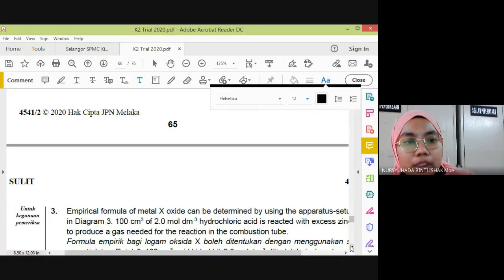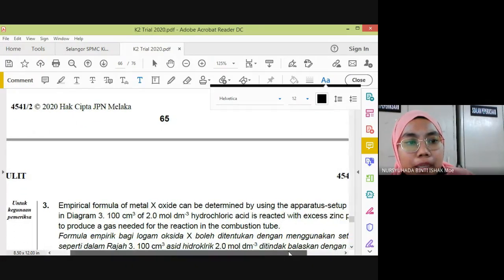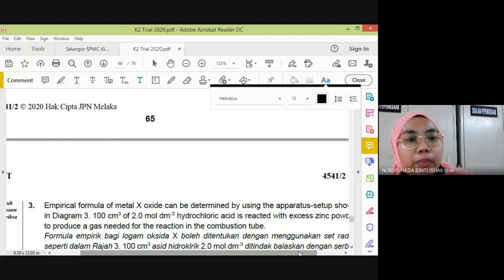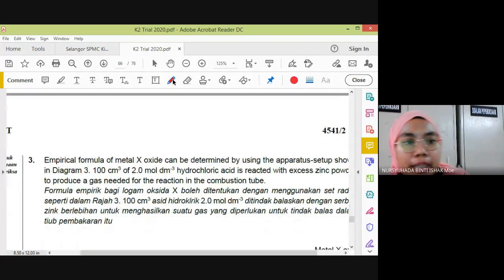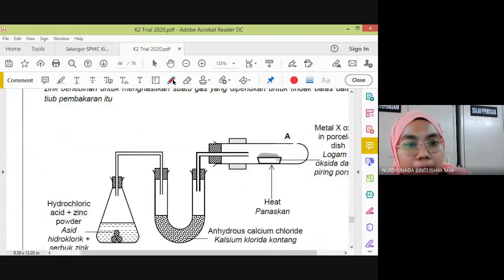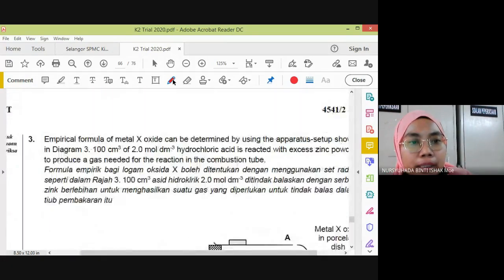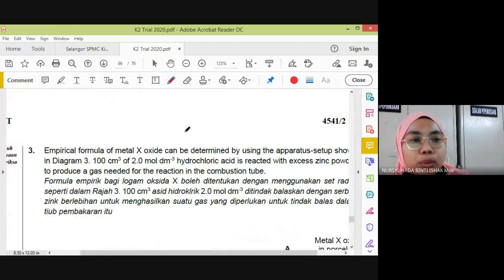Okay, question number 3. Empirical formula of metal X oxide can be determined by using the apparatus setup shown in diagram 3. So diagram 3 kat bawah ni. Okay, sebelum cikgu tanya, ada berapa method to determine empirical formula?